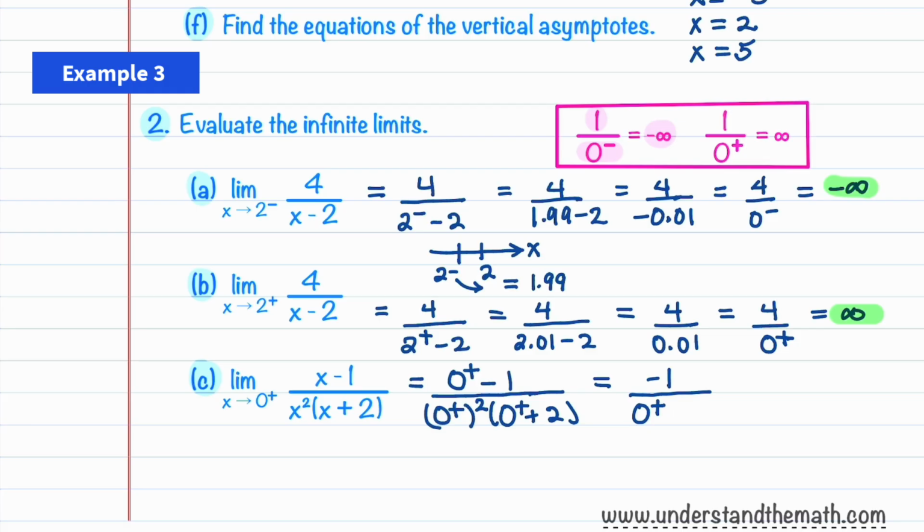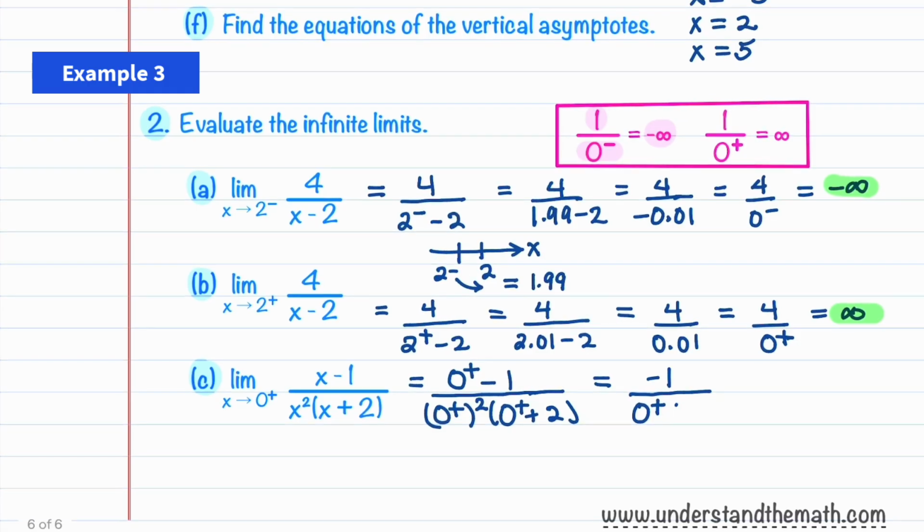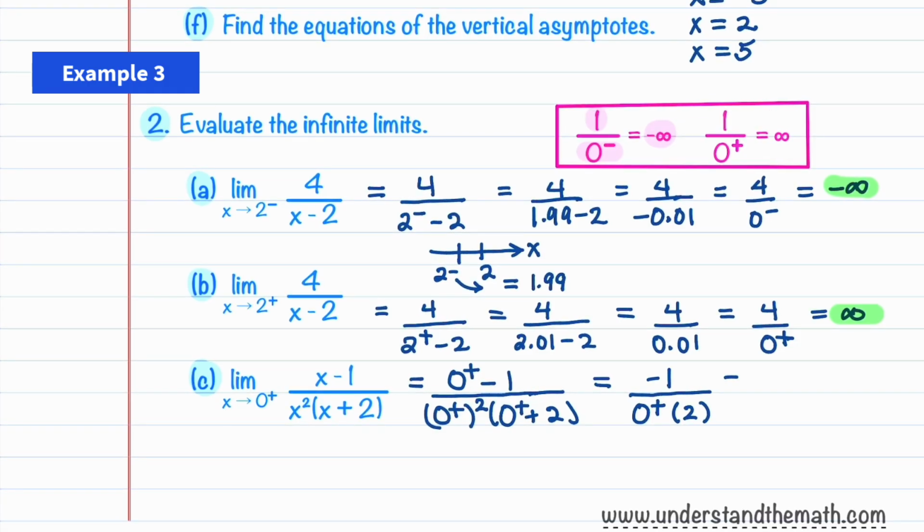And then 0 from the right plus 2 is just 2. So we have minus 1 on top, and then a 0 that is positive times 2 gives us a 0 from the right. This is going to be equal to minus 1 times 1 over 0 from the right, which is minus 1 times infinity, which is equal to minus infinity.